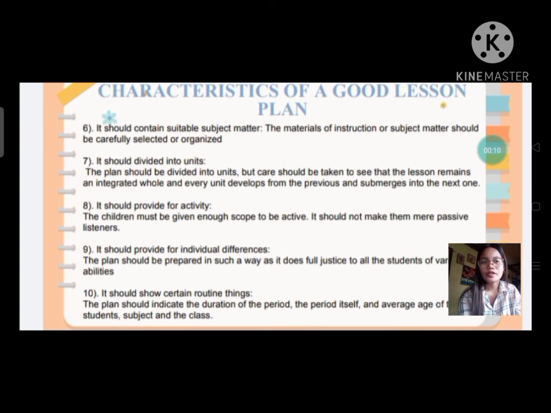The materials of instruction or subject matter should be carefully selected and organized. It would be odd if your lesson plan contains a different topic not related to the subject, right? Whatever the topic or subject given, it should be relevant to it.